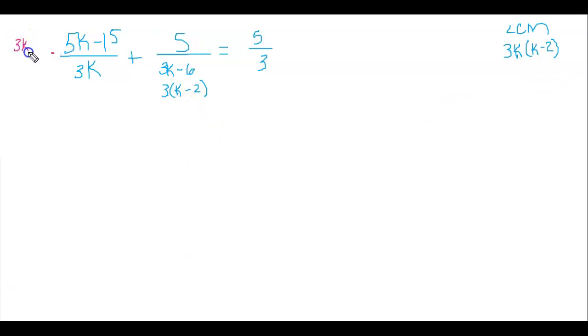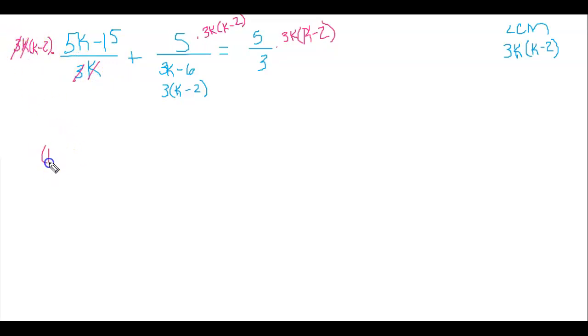So 3k times k minus 2 times each term. All right, so if I'm looking at my denominators, here I'm going to get 3 to cancel and k to cancel.